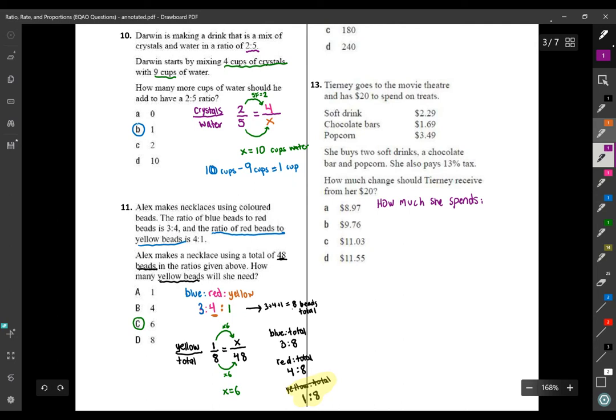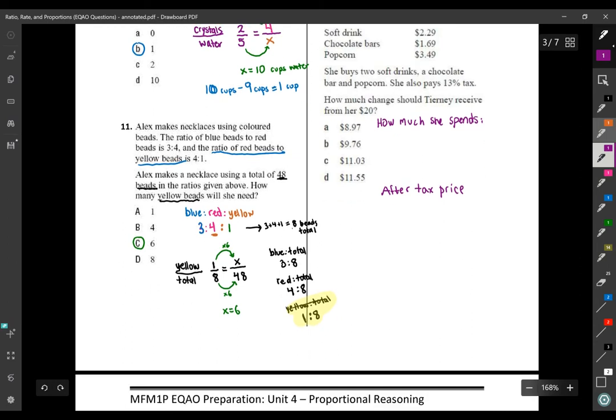Then we have to find the after-tax price. And then we have to find out how much change she should get back from her $20 bill.